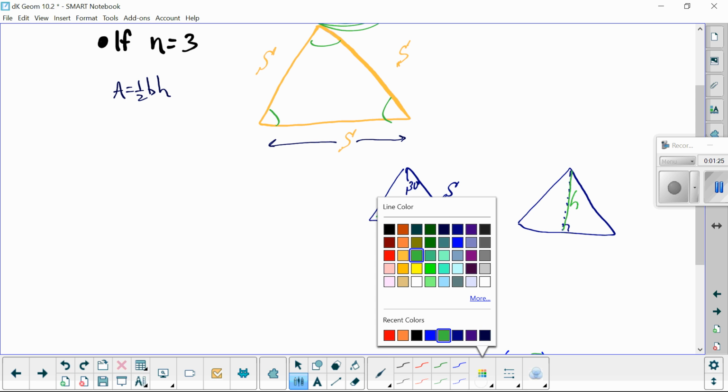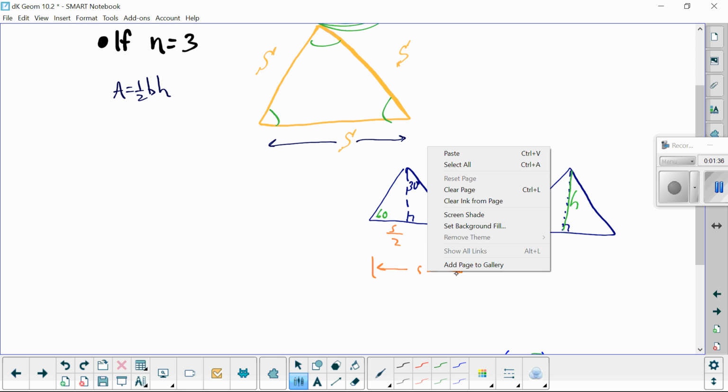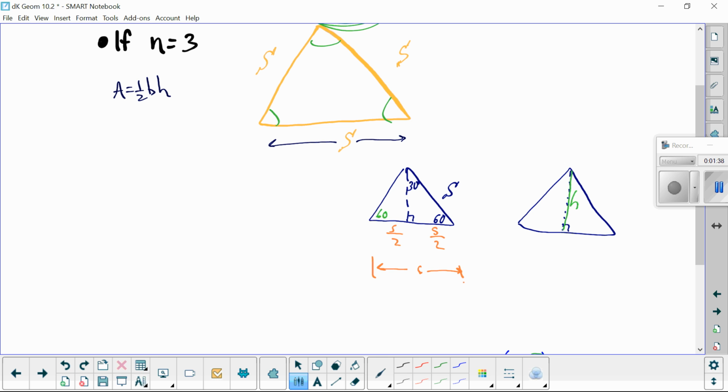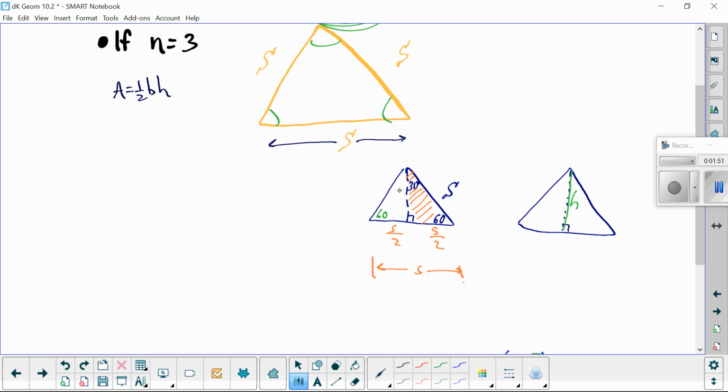Therefore, if the hypotenuse is S, the small leg will be S over 2. So the long leg of this right triangle is the altitude, and that's the short leg times √3. So that's S over 2 times √3.